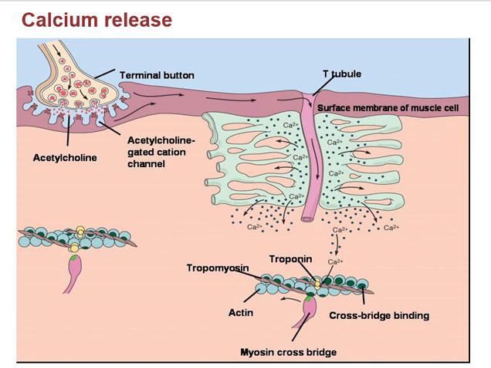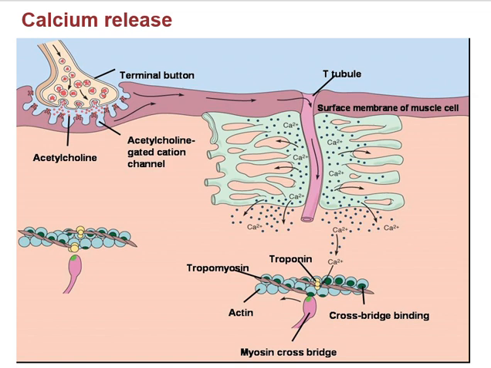That will release calcium into the sarcoplasm, and that will allow calcium to then bind to troponin and move the troponin-tropomyosin complex out of the way, and that way we can move on to step 3, where myosin and actin come together to form a cross bridge, and we see the contraction cycle.